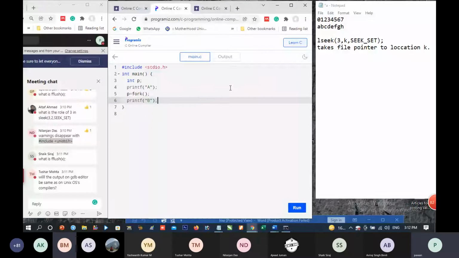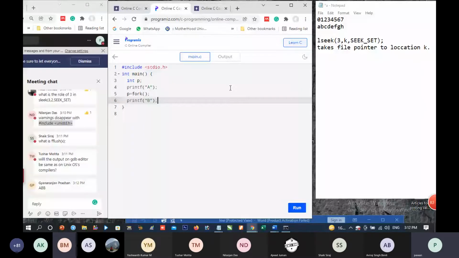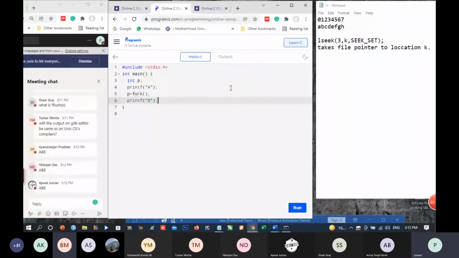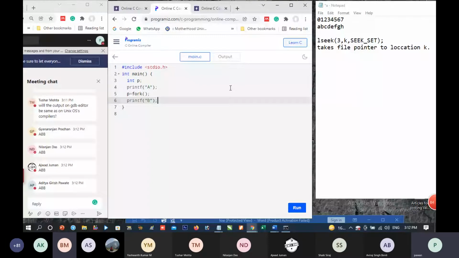Tell me the output of this. Yes, it will be the same on the Unix OS compiler. And now you execute it. Execute it and see what happens. You will find a different output.